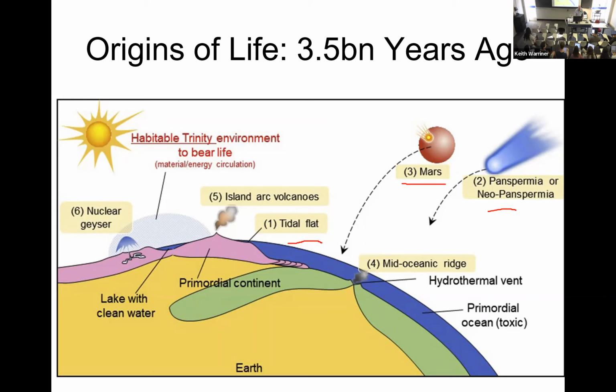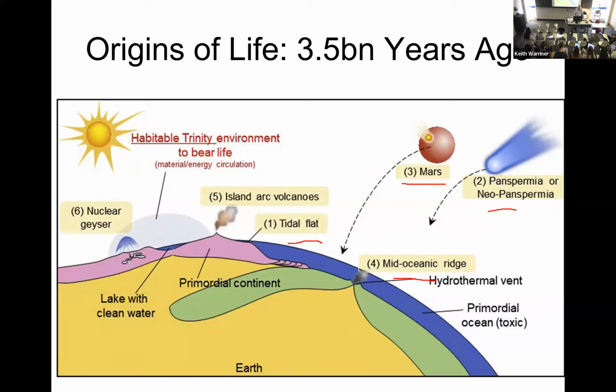That's ironic. The other theory is, I'm trying to look at number 4, I can't even see it. Oh yeah, the oceanic ridge. So basically what this theory, I guess this is the more common theory, is that you've got these hot springs and they produce sulfur, ammonia, and all these kind of things. And the conditions were right in order to build these building blocks of life, the nucleic acids, the DNA, the protein.